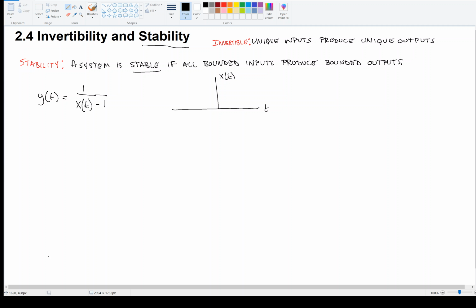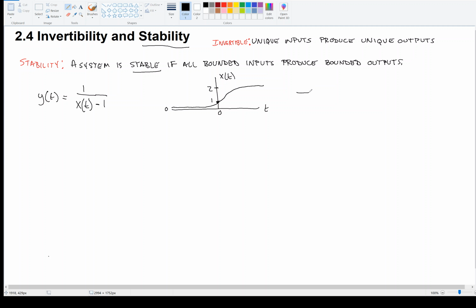How about that one? So this goes to 0, and then this might be 2. And here's 1. I didn't draw it perfectly symmetrical, but you get the idea. So let's just suppose that I put in this signal. Okay, what would I expect to get out?